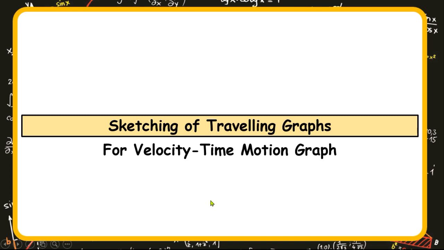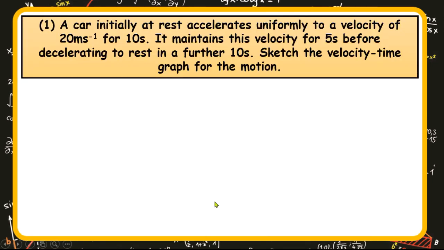So as already introduced, we are learning how to sketch the traveling graphs for the velocity time motion graph. Let's start with example number 1, which reads: a car initially at rest accelerates uniformly to a velocity of 20 meters per second for 10 seconds.